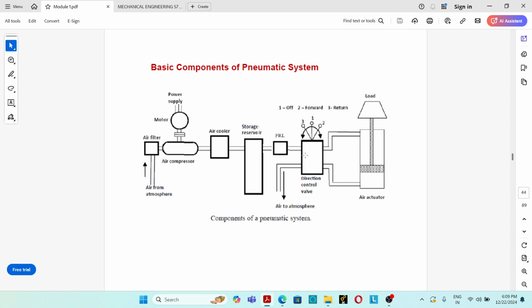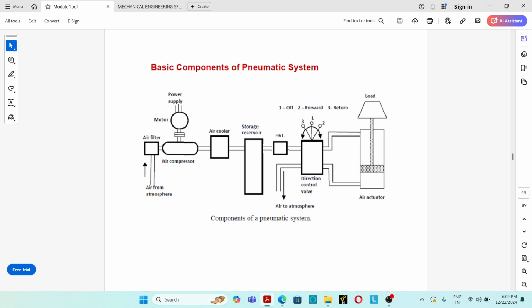Then we have the direction control valve, which is used to control the direction of motion of the actuator. We have already discussed the purpose of the direction control valve in the hydraulic system. In the same way, it is used here also. This is a 4-port direction control valve. P and T are the pressure line port and return line port.